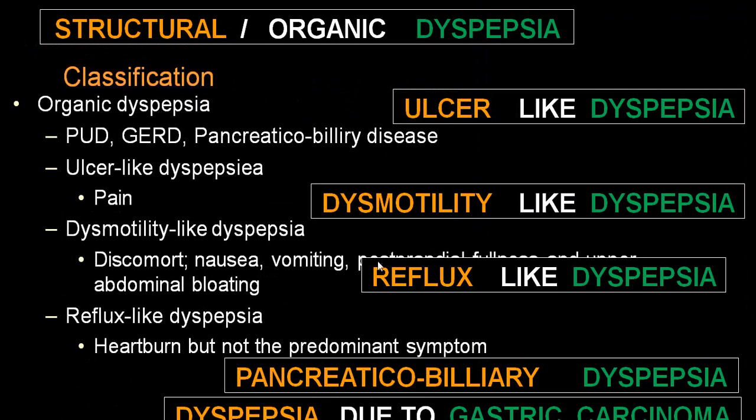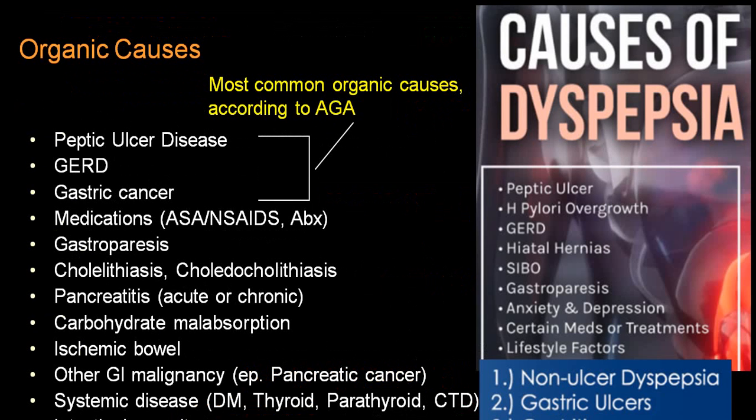We divide into three big groups mainly: ulcer-like, dysmotility-like, and reflux-like. And then you can have these two more terminology: pancreatobiliary and carcinoma. And you can see these are the common causes of dyspepsia in organic groups. And when you can't identify the exact etiology, you put them into a group we call as idiopathic.